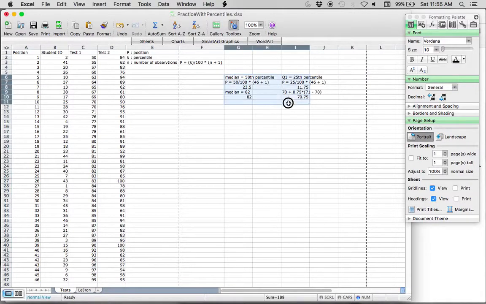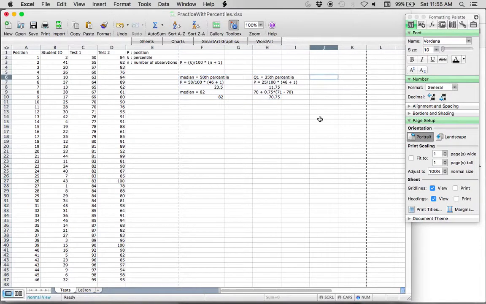Okay, I'm just going to move these over to make a little bit more room. And let's do Q3. Third quarter, so what's 3 quarters is 75, so the 75th percentile, right?